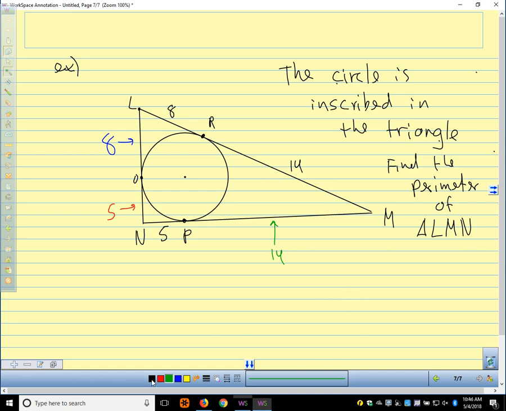Add them all together, and the perimeter: we get 16 plus 10 plus 28. Sorry, 16 plus 10 plus 28, 54.